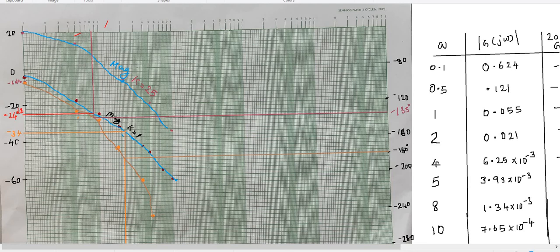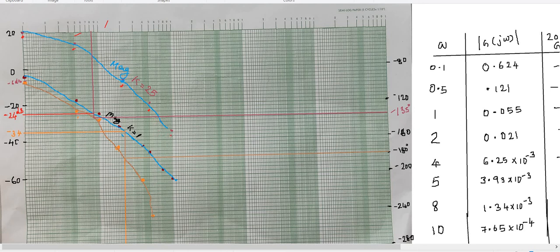So we have to make the magnitude at this point 0. How can we do that? We have to add a plus 24 dB to each and every point here, so that the magnitude at omega gc will be 0.